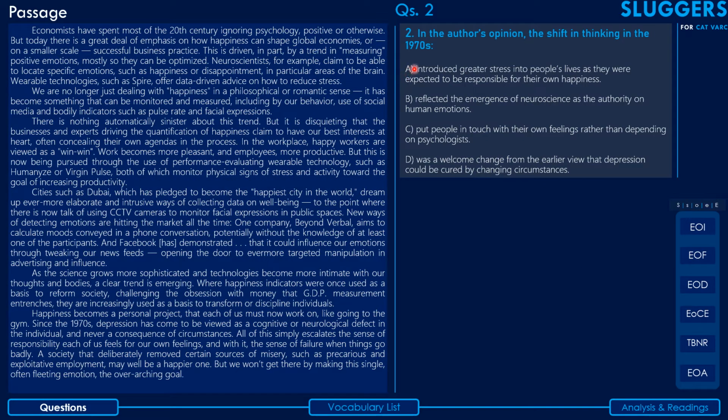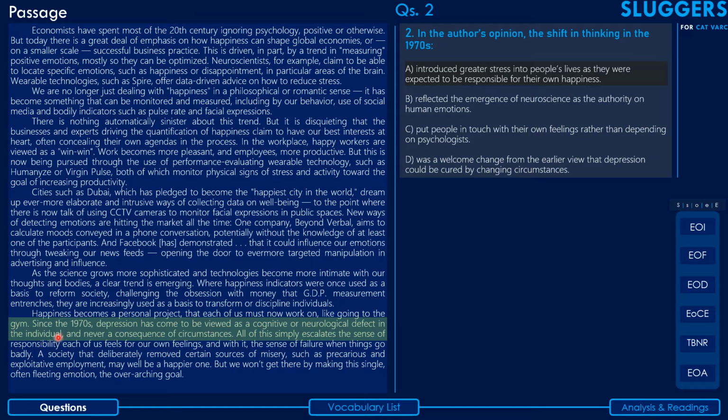Okay. So question number 2. In the author's opinion, the shift in thinking in the 1970s, well, and then you were supposed to complete the sentence using one of these 4 options, right? Now, the question is about the shift in thinking in the 1970s, and there is only one part in the passage where the author has made this reference.